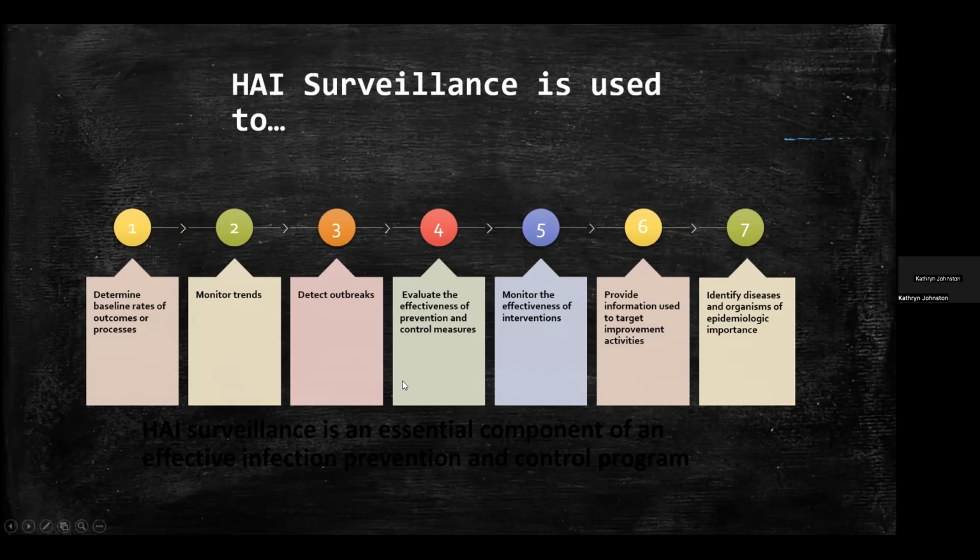We also use surveillance to evaluate the effectiveness of IPC measures, to really understand whether the measures that are being implemented are reducing the number of healthcare associated infections. If there's a lot of effort going into prevention and control measures, but you're still observing a lot of healthcare associated infections, then you have to reevaluate whether those measures are working as they're supposed to, or whether those measures weren't implemented the way they were designed to be implemented.